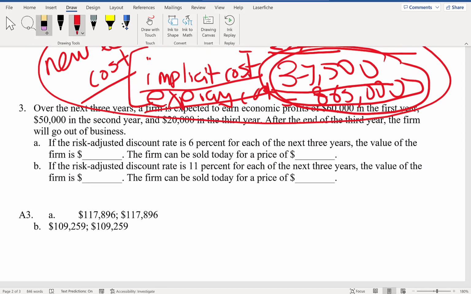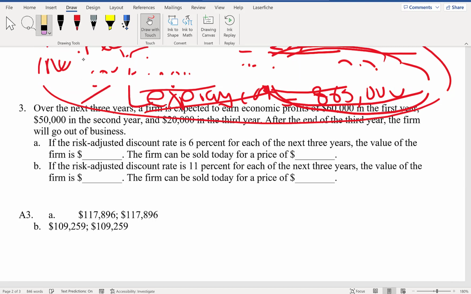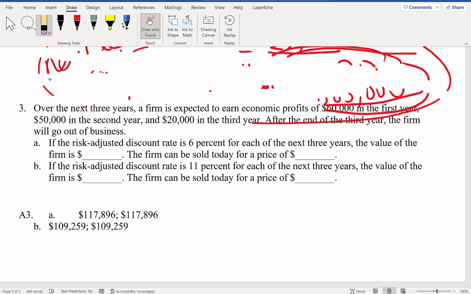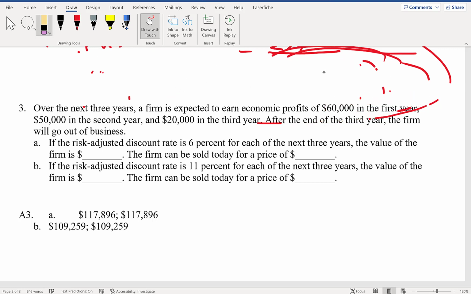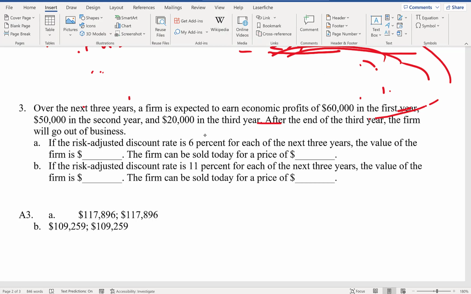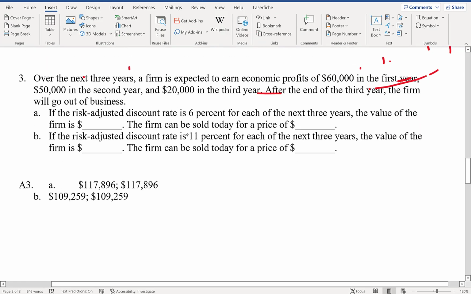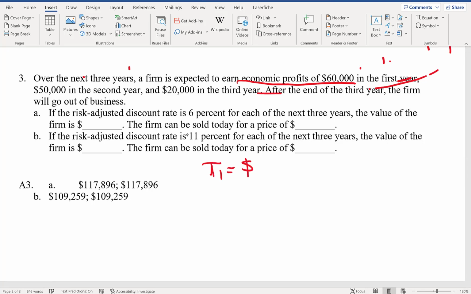Okay, so let's move on to the next question. Okay, so the next question is about present value calculations. Let's read the question. Over the next 3 years, a firm is expected to earn profits $60,000 in year 1. Profit 1, $60,000.